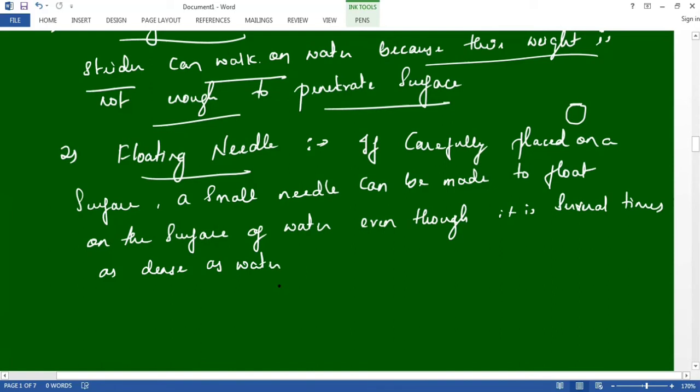If the surface is agitated to break up the surface tension, then the needle will quickly sink.